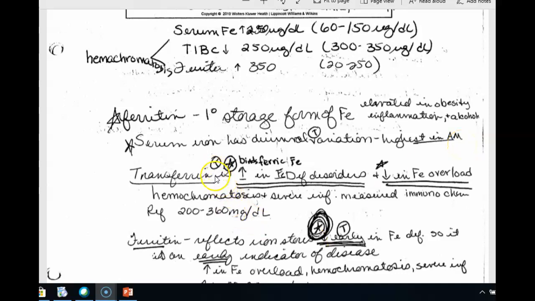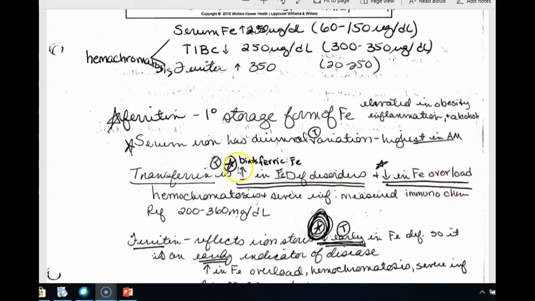Transferrin, here's another test question, is increased in iron deficiency disorder, because there's more transferrin available to transport iron, but there's no iron for it to transport. And transferrin will be decreased in iron overload because it's all loaded up.